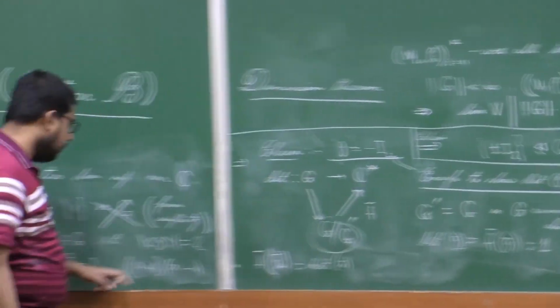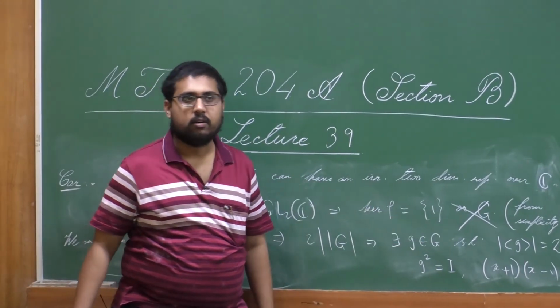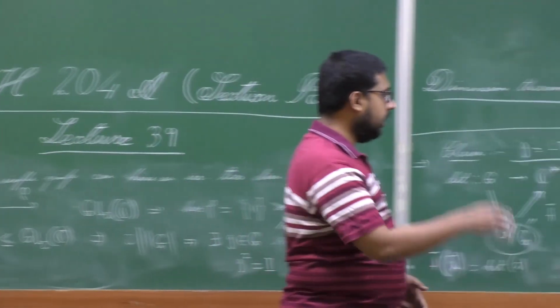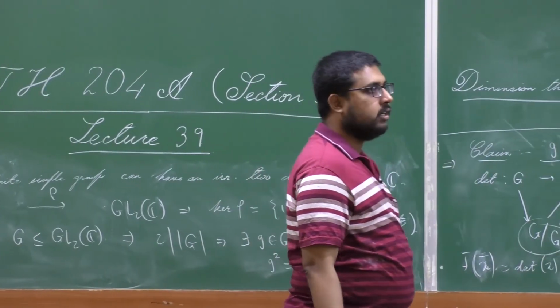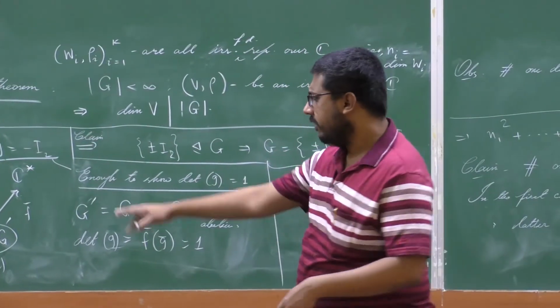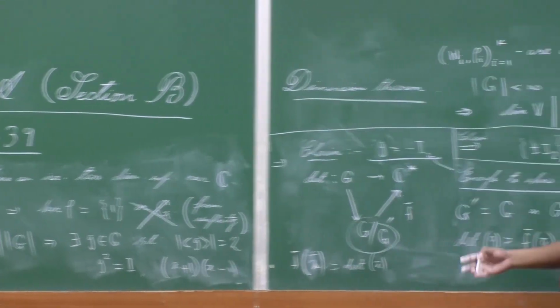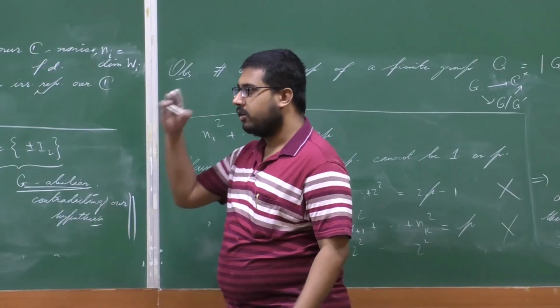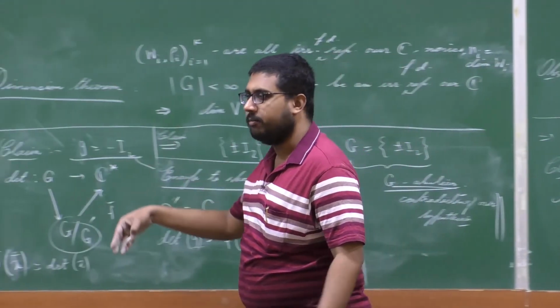Because for this element the eigenvalues are only plus 1 and minus 1. The element is non-identity, being of order 2, and if you can show the determinant is 1, since the determinant is the product of the eigenvalues and the element is diagonalizable, the product of the diagonal elements will be the determinant, with entries plus 1 and minus 1.